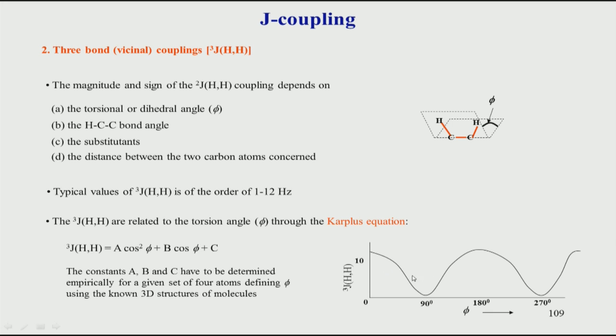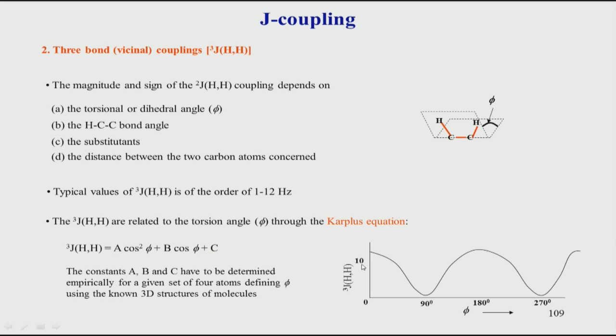You can see from this equation one thing is, if I know the torsion angle, it does not give me the J value uniquely because there is a quadratic equation. A quadratic equation will always have 2 solutions for phi. So, if I know the J value from experiment, it does not mean that I can calculate phi uniquely, because this is a quadratic in the angle phi, and therefore it will have 2 solutions.